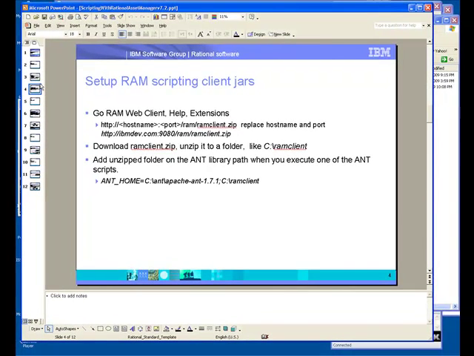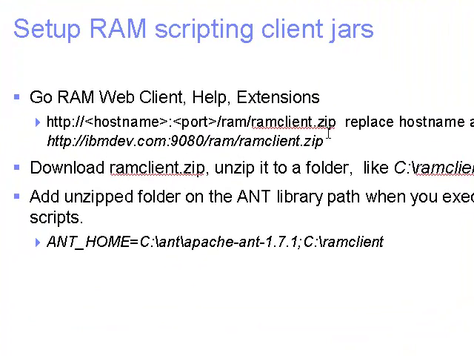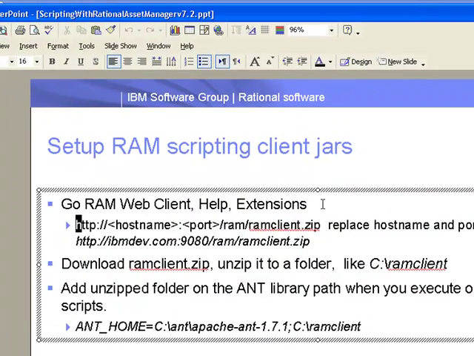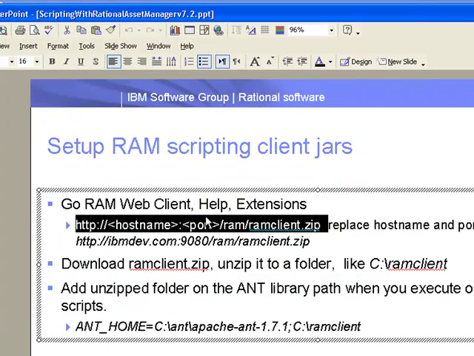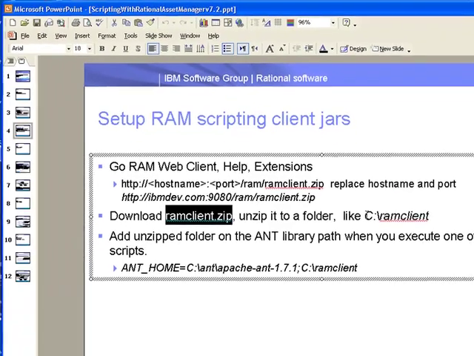So the way it works is you would go to the web client inside of RAM, whatever your RAM web server is, you would type that URL, and then you would go under help extensions, and there you'll see there's a ram client.zip file, and you would unzip it into a local directory wherever you're doing your builds or wherever you're doing your deployments.